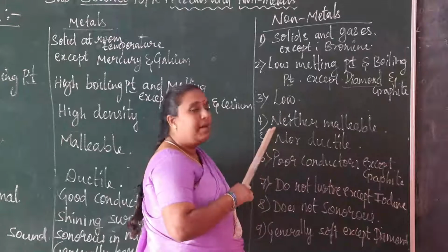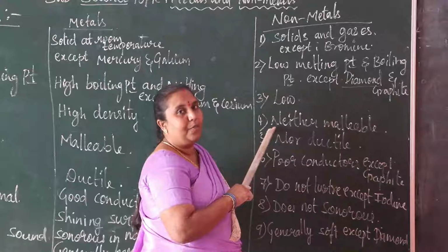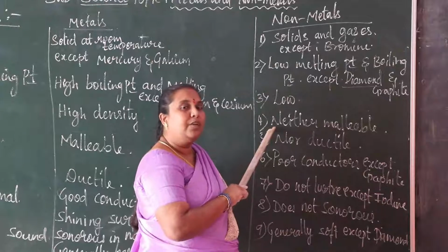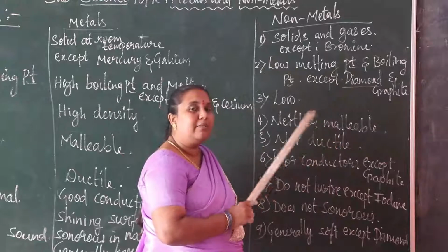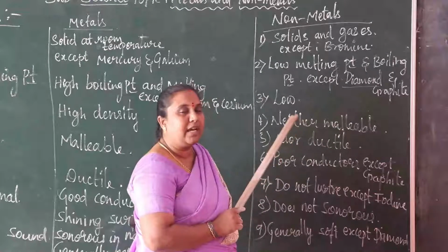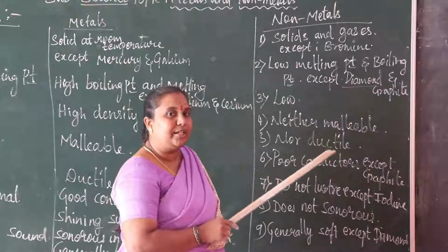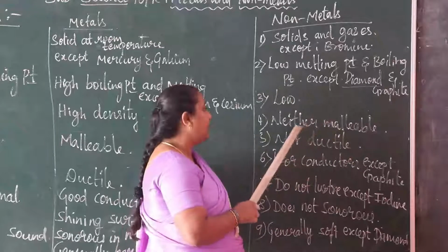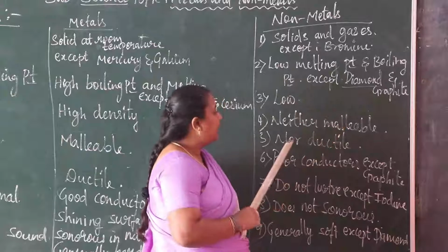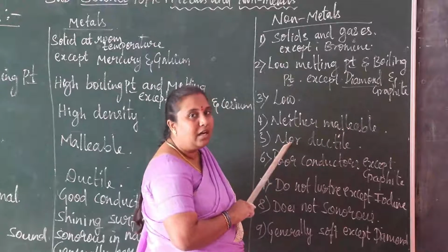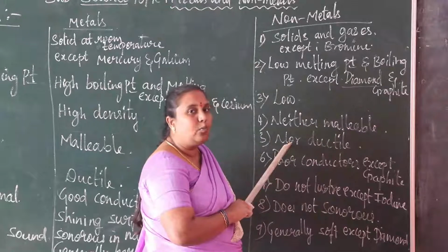Then malleability and ductility. Malleable means we can beat elements into thin sheets. That property doesn't apply to non-metals, so they are not malleable. Ductility means we can draw the elements into thin wires.